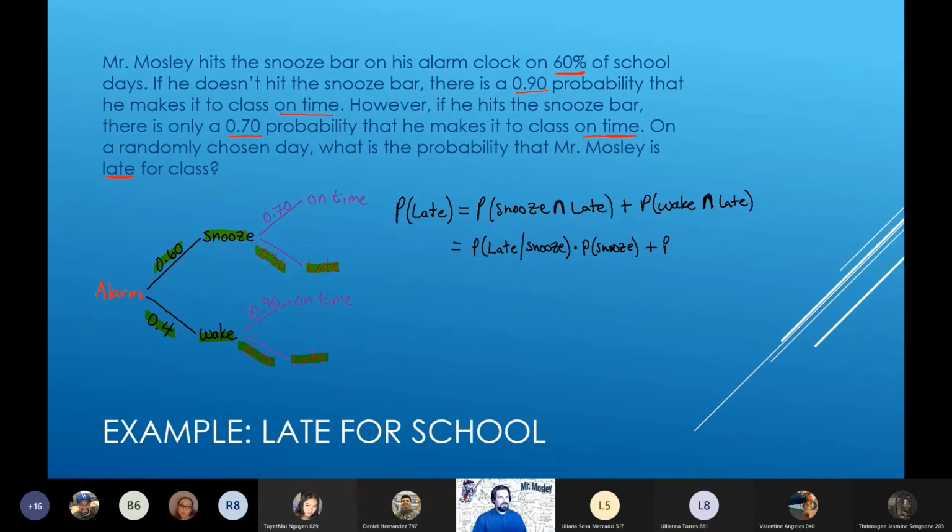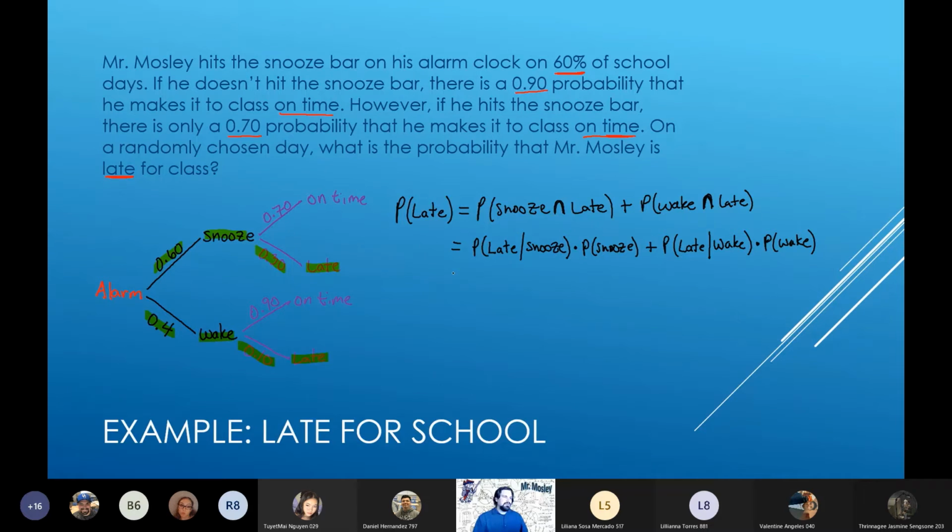I have the probability that I was late given I woke up times probability that I wake up. Okay. This is the general multiplication rule at play now.